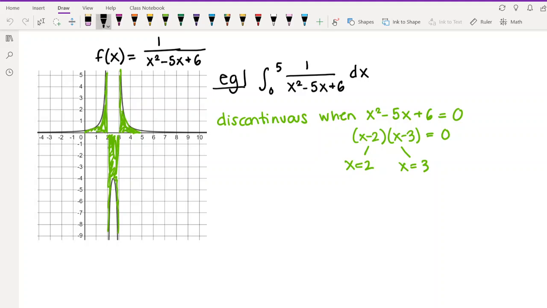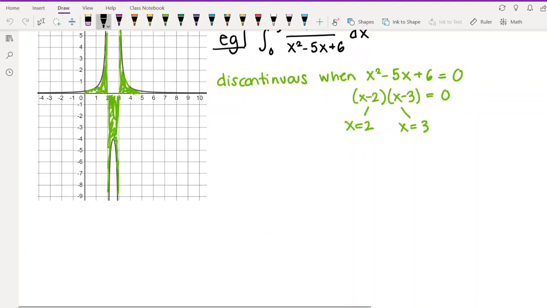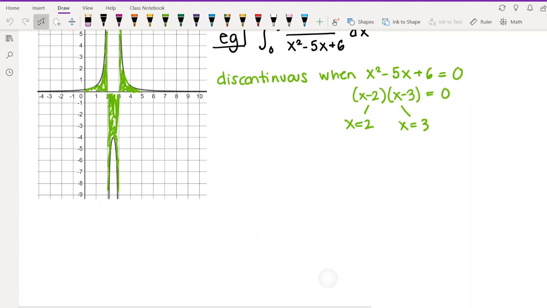Okay, so how do we deal with this? Well, we have not just one, but actually two different discontinuities within our bounds. And so what we need to do is start by splitting this up into, we'll see that this splits into 3 integrals. So we're going to rewrite this, starting with the integral from 0 to 2, right? Looking at our picture, that's the first place that we have an issue.